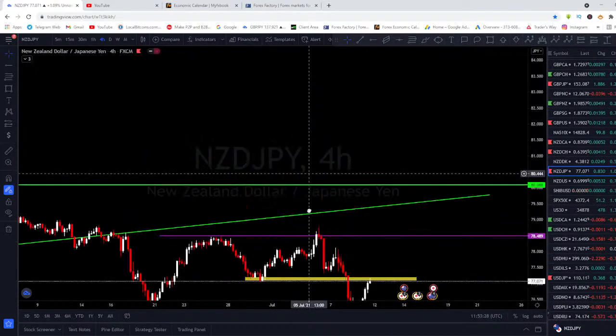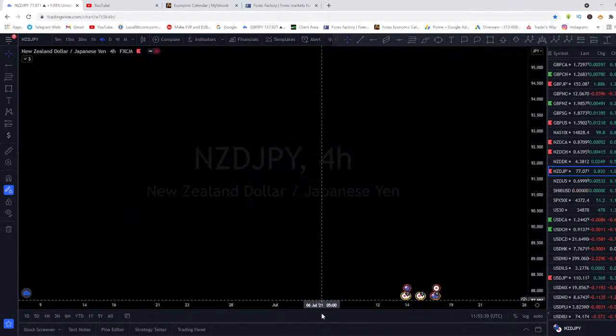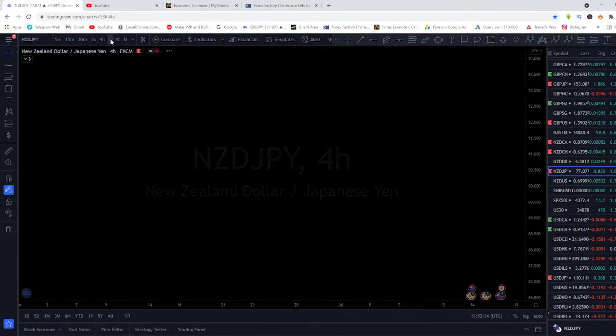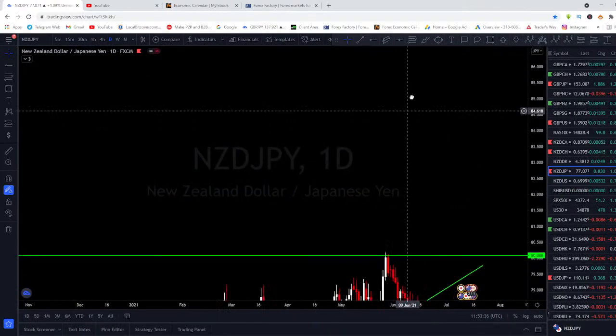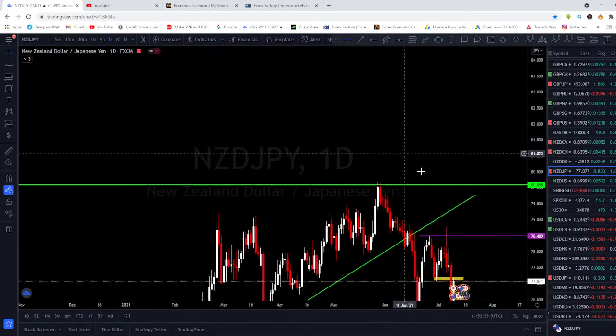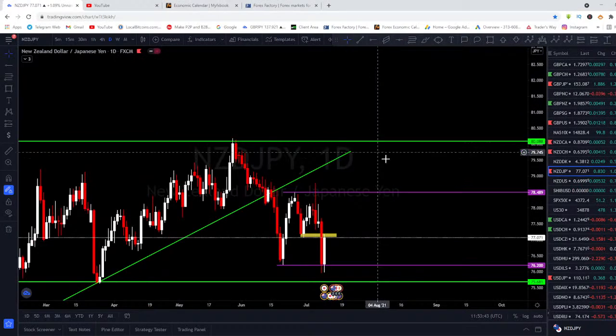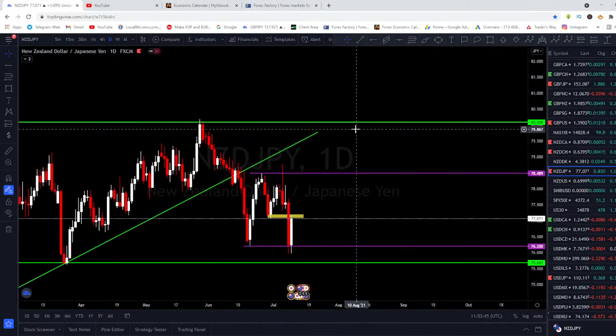And before you target the other resistance line, I think I had another resistance right here. Yeah, I knew that I had another resistance. So this is going to be the next resistance around price 80.088. That's going to be the next resistance, guys.